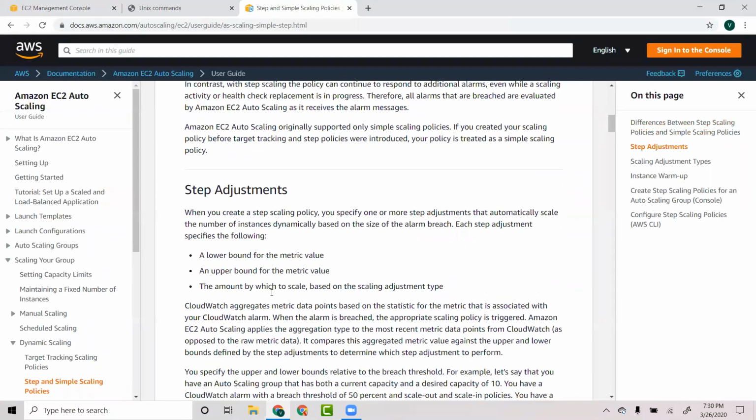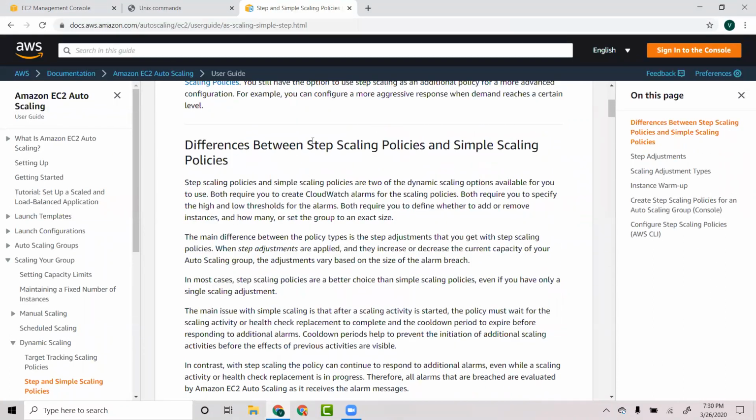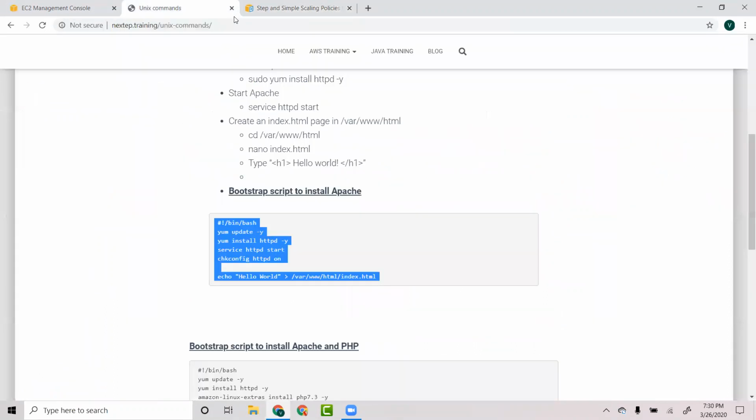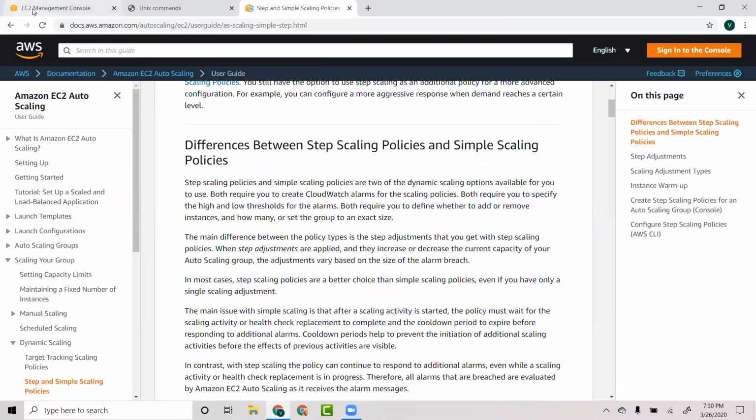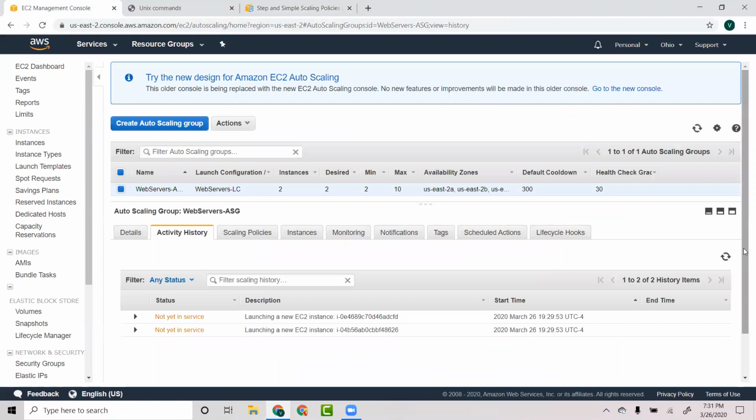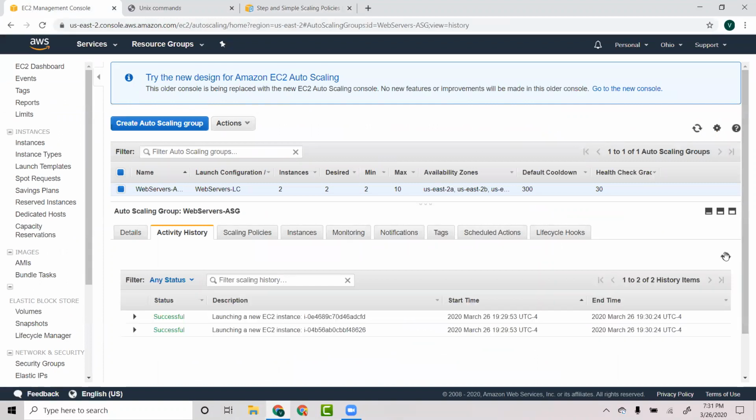This is what we did: step scaling policies. In a simple scaling policy, which is what we did earlier, essentially it will only scale up or down based on whatever metrics you provided. Okay, both of them are successful.